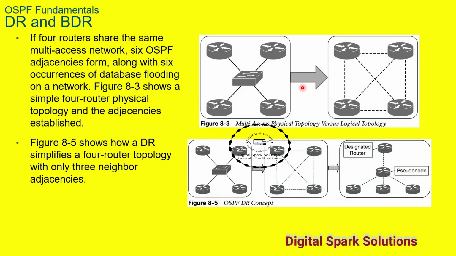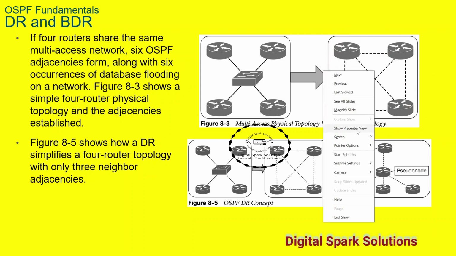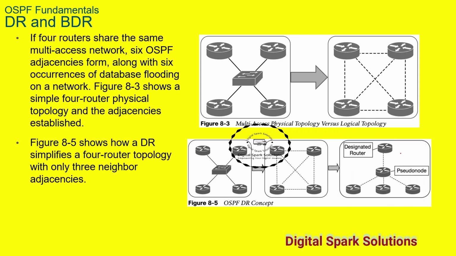So what is the concept of DR and BDR? If there are four routers that share the same multi-access network, six OSPF adjacencies will be formed. This is an example of four routers, and we have six links that need to be established.